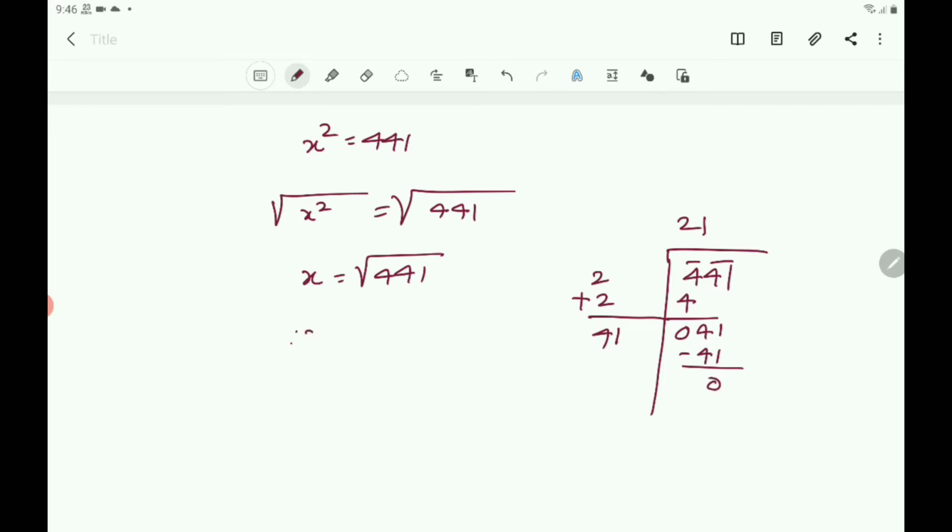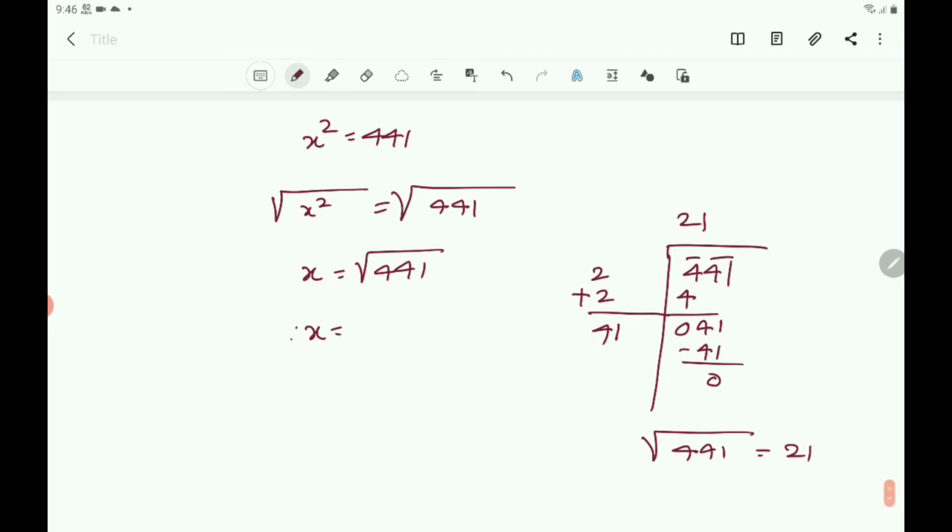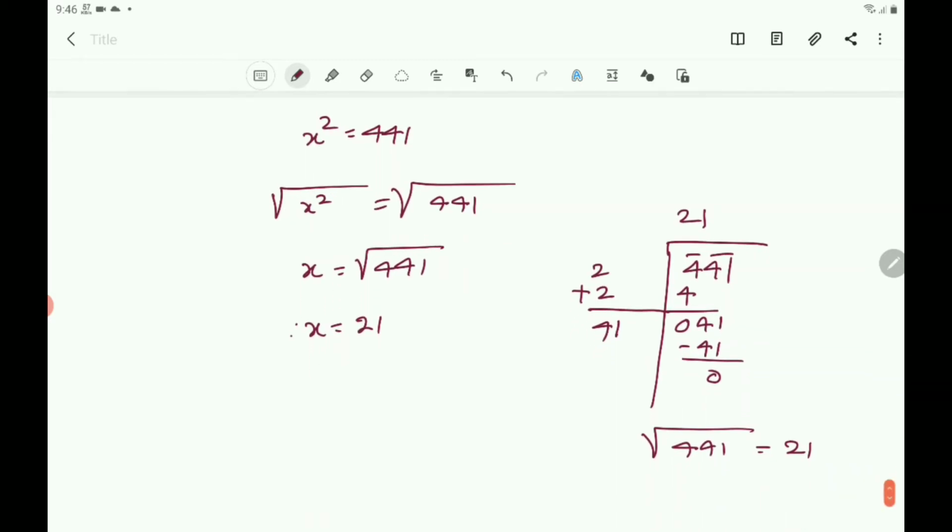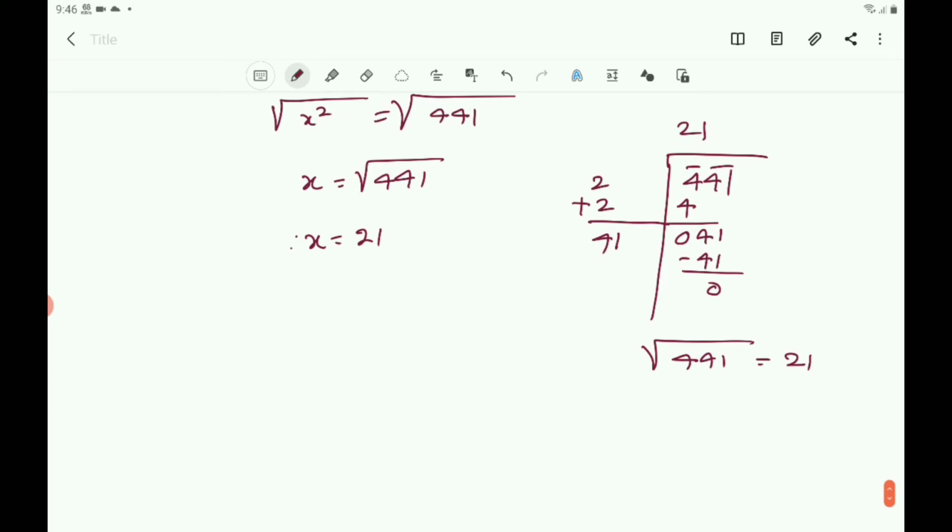Therefore x equals the square root of 441, which equals 21. Then what is the length of the side of a square whose area is 441 m²? Therefore, the length of the side of the given square is 21 m.